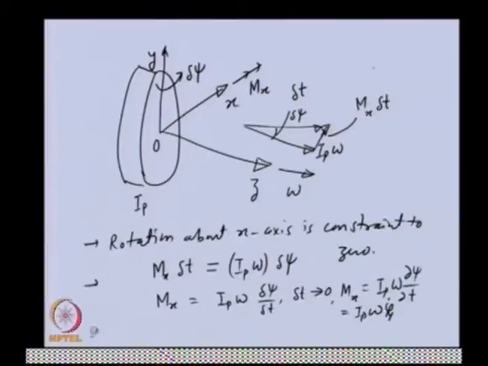So let us write that gyroscopic moment again here. This is the angular velocity of the disc about the y axis. This is called precession of the disc.